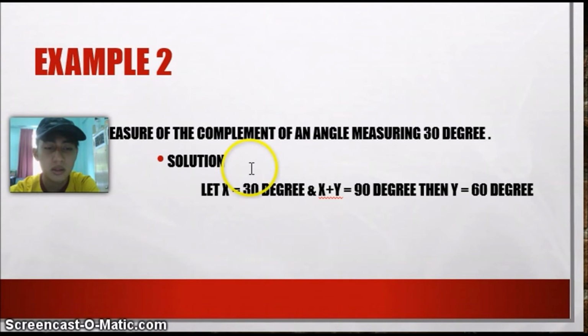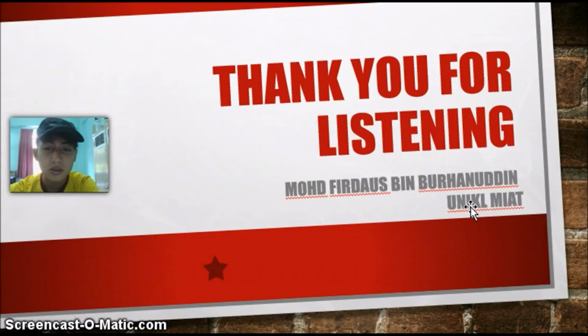So a right angle is 90 degrees. Then we make an unknown, let x equal 30 degrees and x plus y equal 90 degrees. Then y is 90 minus 30, we get 60 degrees. So that's all from me. Thank you for listening.